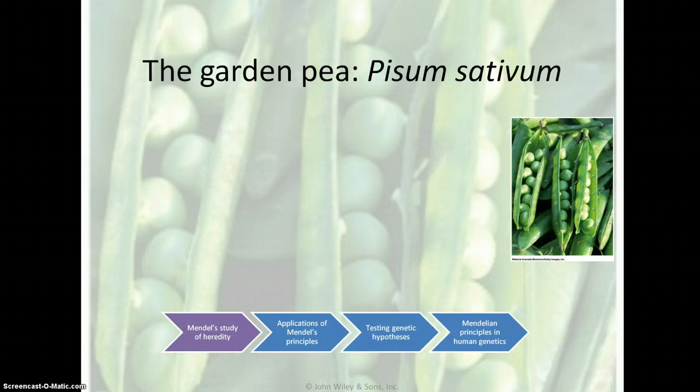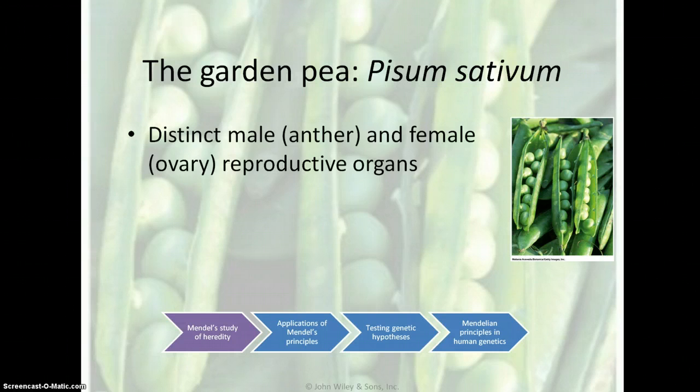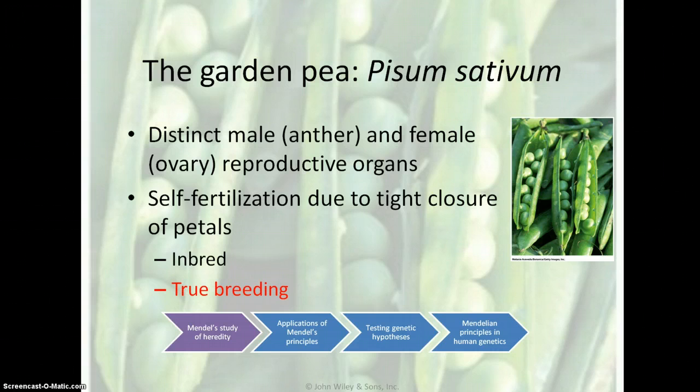So let's talk about his experimental subject, the garden pea. Seemingly a very simple organism, but what made it valuable for him to conduct his genetics experiments is that this plant has distinct male and female reproductive organs, the anther and the ovary, respectively. These organs are contained within the flower, and the petals of this flower close down tightly.